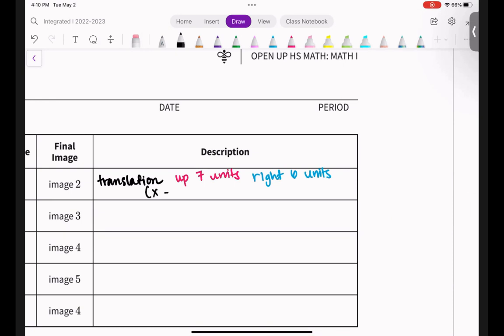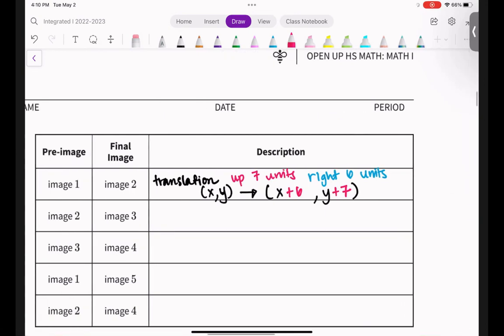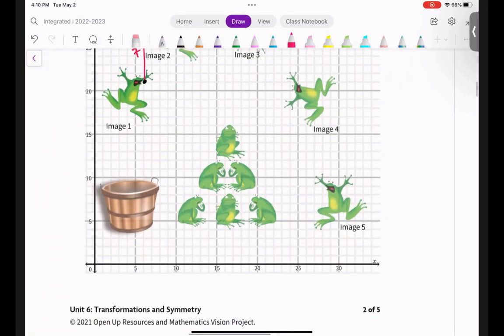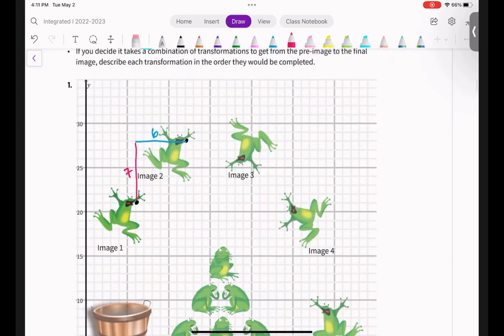You take every single point and you do like this, right? I would go +7 on the Y and +6 on the X. And it's clear to me that it's a translation because look, he's faced the same way, right?